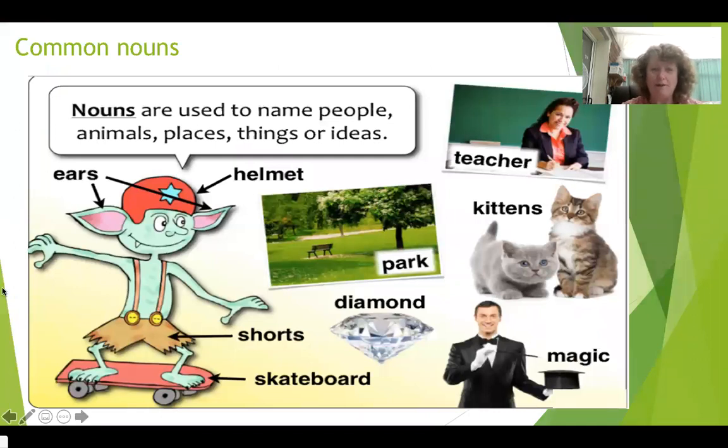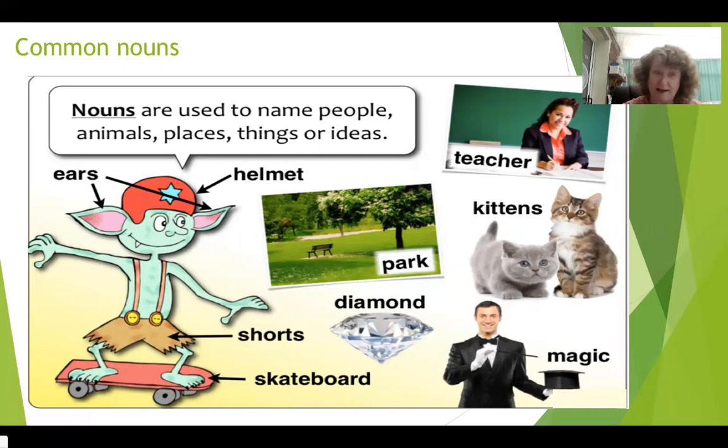So here we are, common nouns. They're used to name people, animals, places, things, or ideas. So if this was a person, or a little gremlin, he might be called Harold. Harold is a noun. It's a proper noun, actually. But what he's wearing isn't.